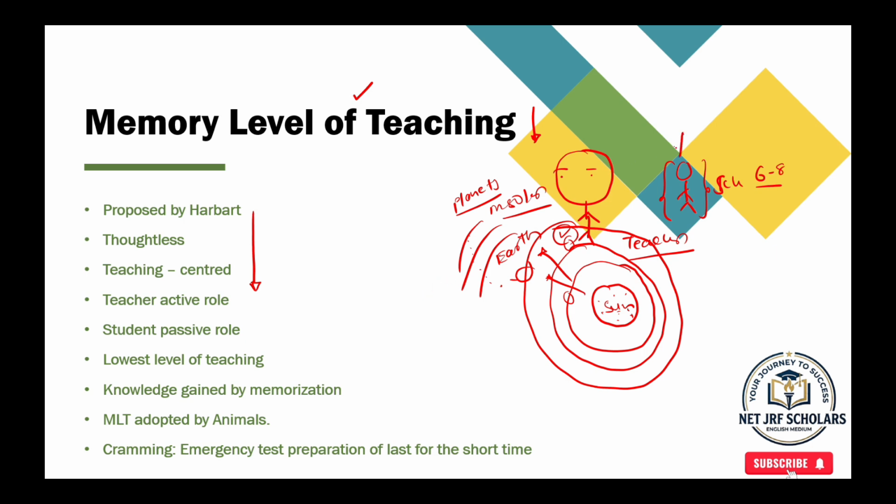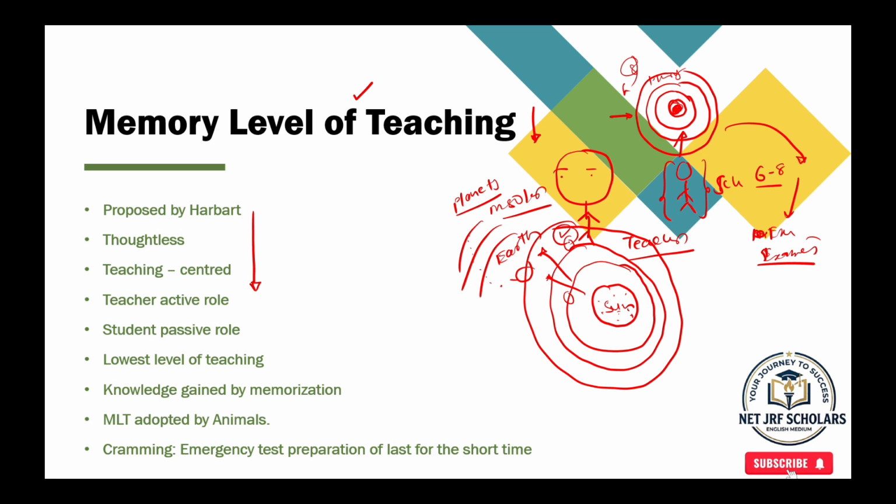So what students basically do, they go home and just learn by heart: sun, father of the solar system, core, and what revolves around the sun are the planets. They come and present, or basically write in the examination.